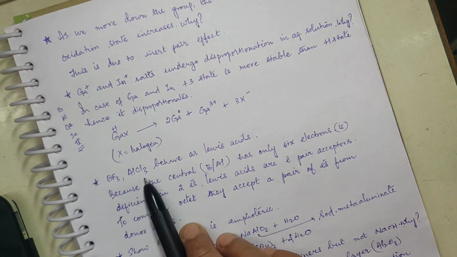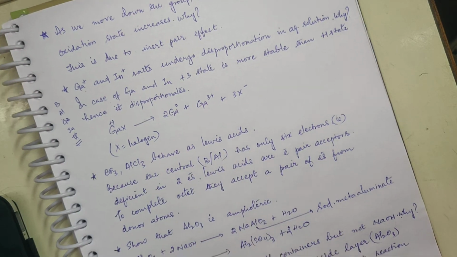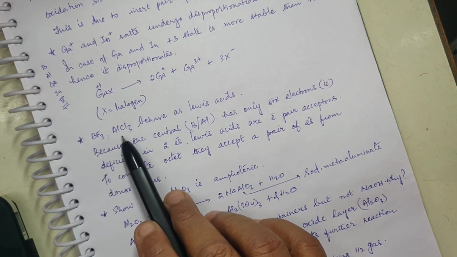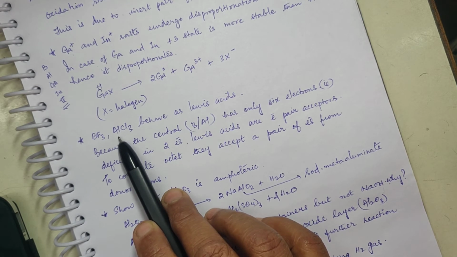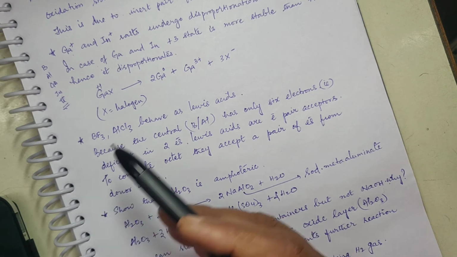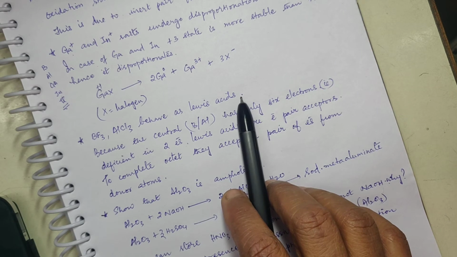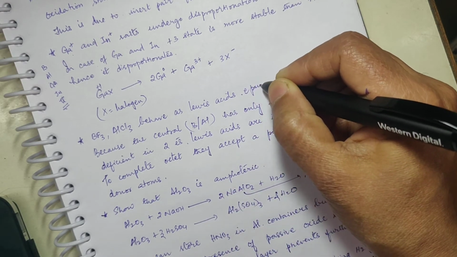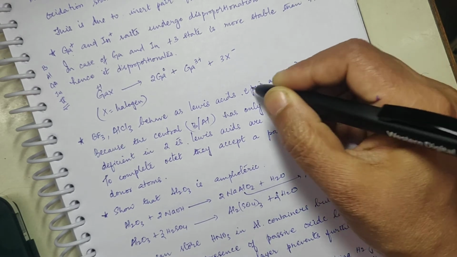Okay, now come to the next question. BF3 and AlCl3, they behave as Lewis acids. Why? Now here, boron and aluminium both have 6 electrons. With the result, what will happen? They have the capacity or tendency to gain a pair of electrons. Now, what are Lewis acids? Lewis acids are electron pair acceptors. Please remember, Lewis acids are electron pair acceptors.